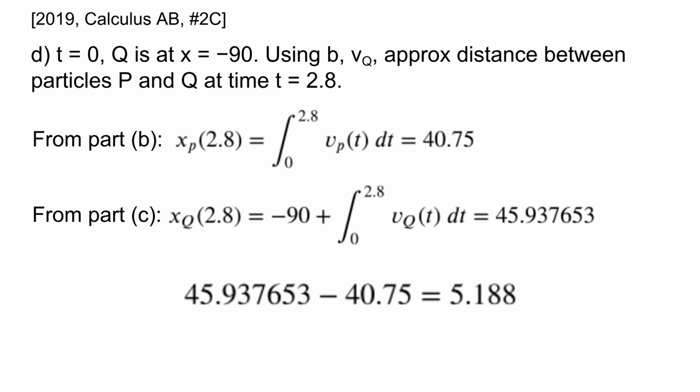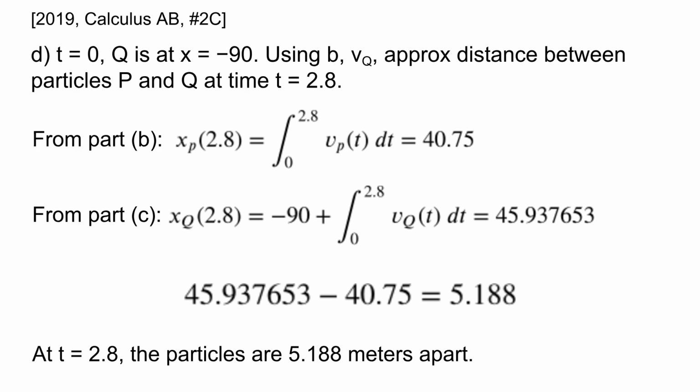To calculate the distance between the two particles, we simply need to subtract 45.937653 minus 40.75, which is 5.188. So from this, we conclude that at t equals 2.8, the two particles are 5.188 meters apart.